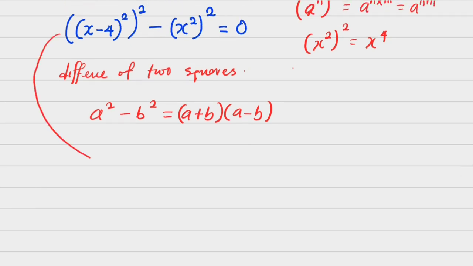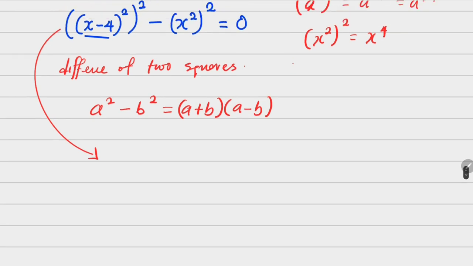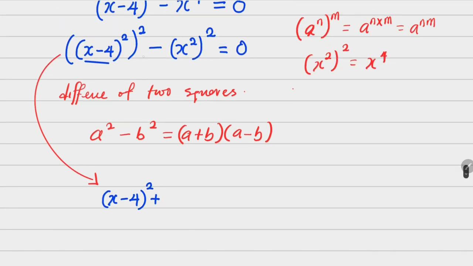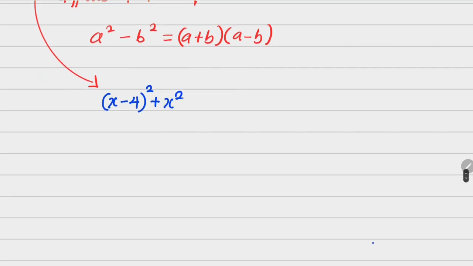I'm going to bring this down. Then I'm going to treat x − 4 in bracket as just an entity, so that I'm going to have (x − 4)² plus, this is the next entity, which is going to be this x², so plus x².